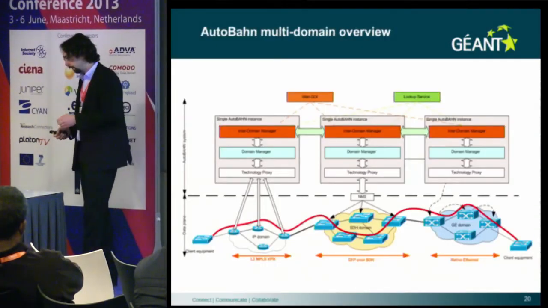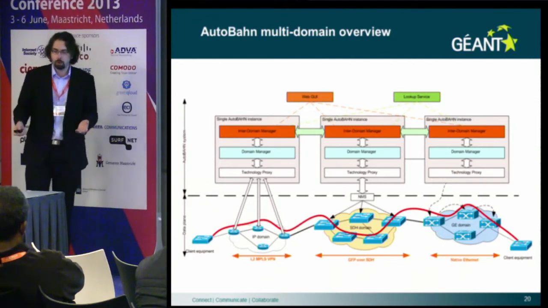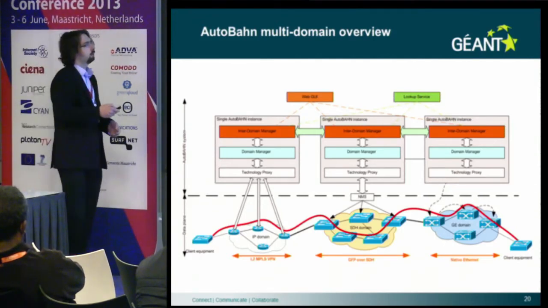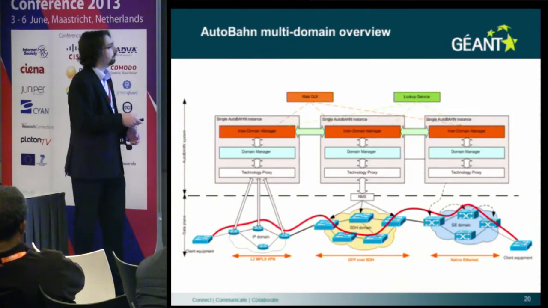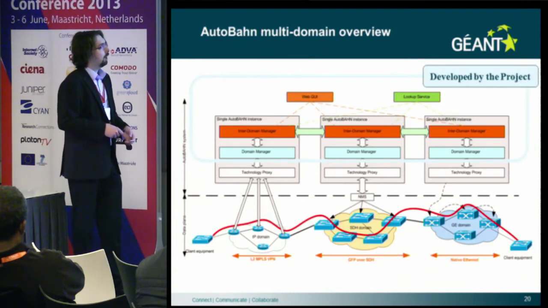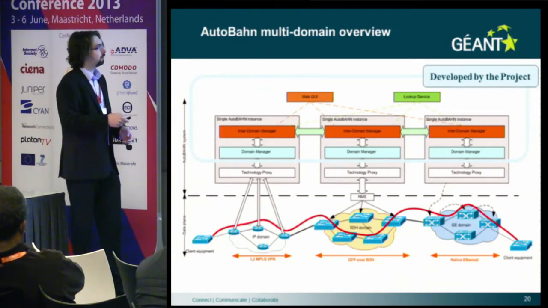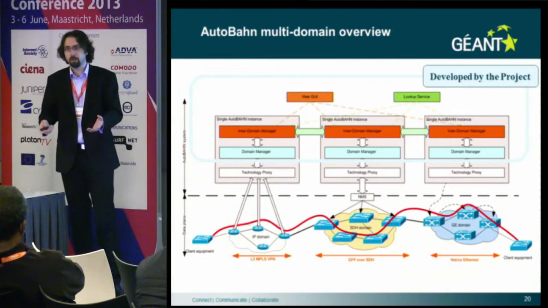So first of all, I'll just go through a brief summary of what bandwidth and demand is and how it works. So you have the GUI, which is the top layer, and then underneath you have the different components that go in the domains. You have a set of components that are common to everybody, which is basically developed by the project.